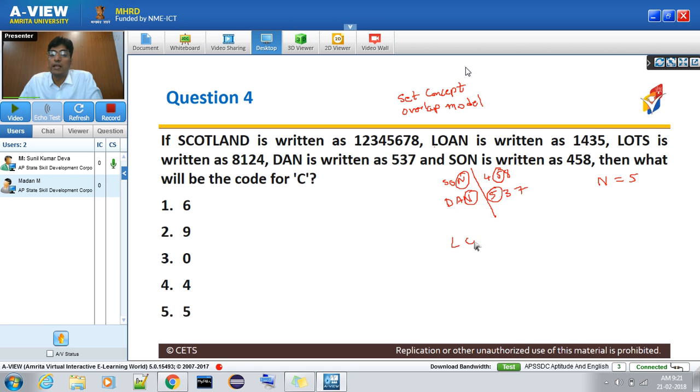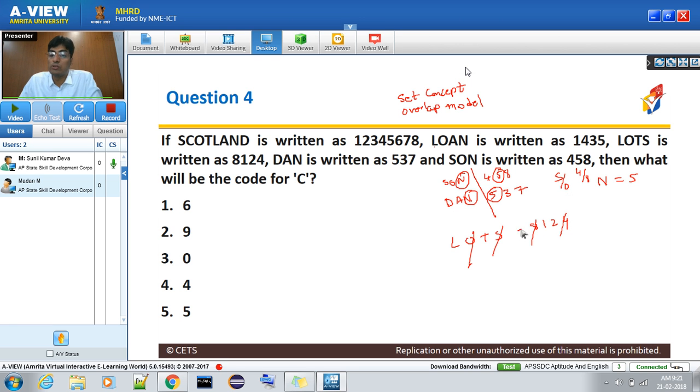Now look at LOTS. LOTS is written as 8, 1, 4. We know that S and O together are 4 and 8. So if I remove S, remove O, 4 and 8, but we do not know which one is 4, which one is 8. S or O is 4 or 8. We just know that much.